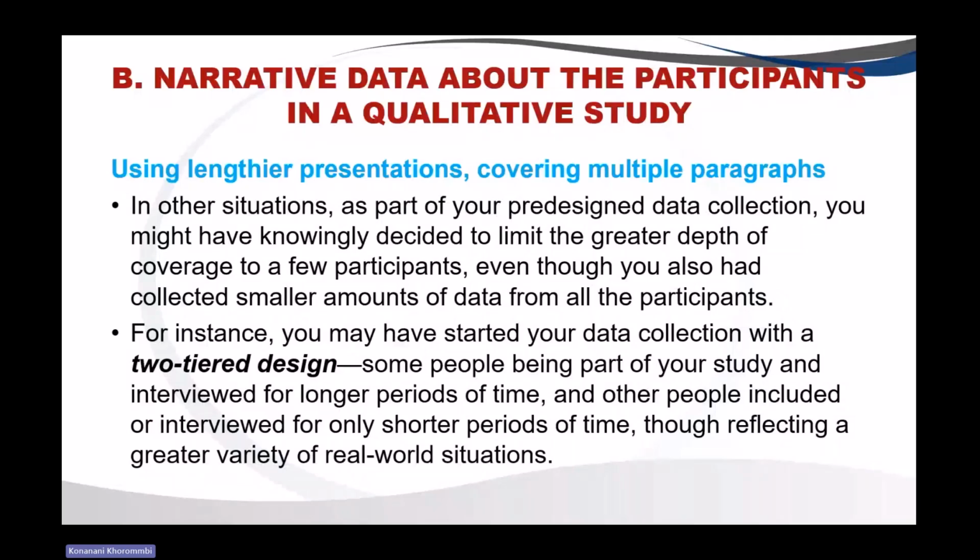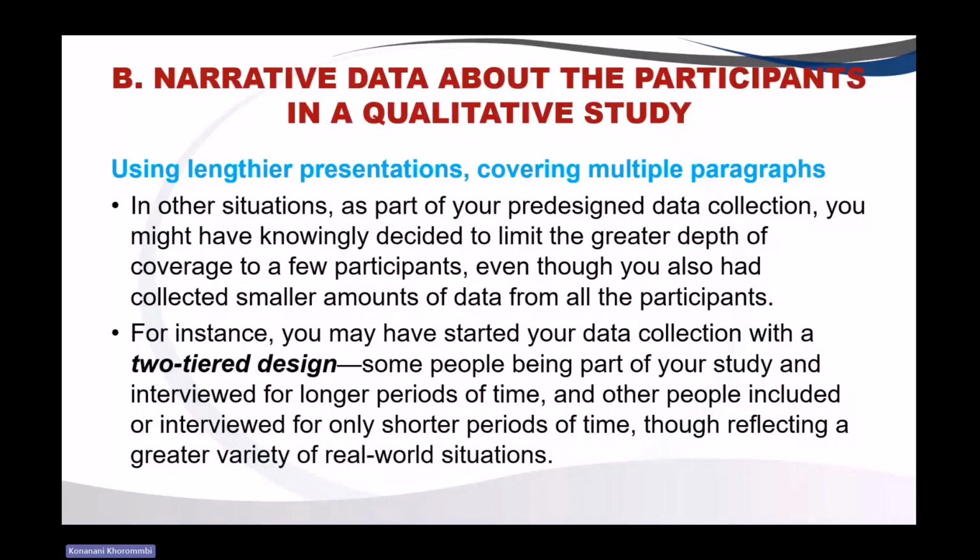Now, here they tell us you can decide to gather a lot of information from other people by interviewing them for longer or getting in-depth information, but you can also do some superficial interviews. You can decide to have a shorter period of interviewing the people or the respondents. This is what they're telling us. So this is a methodological choice that you can decide to do. And if you have done that, it means you have done it even before you went to the field.